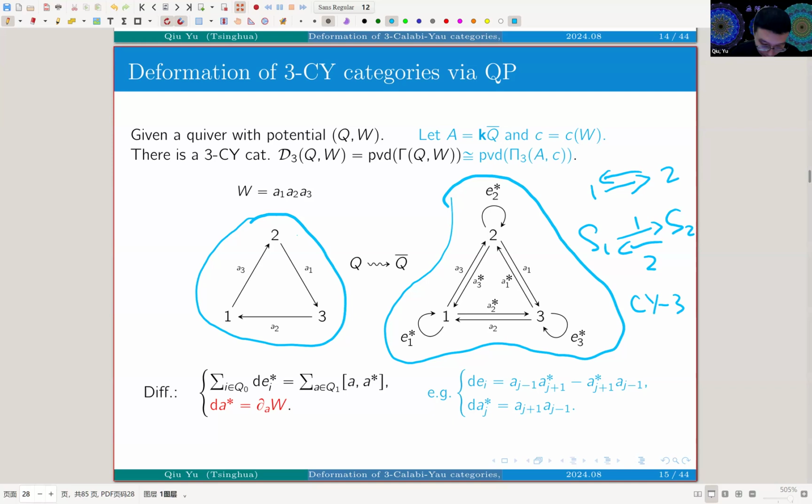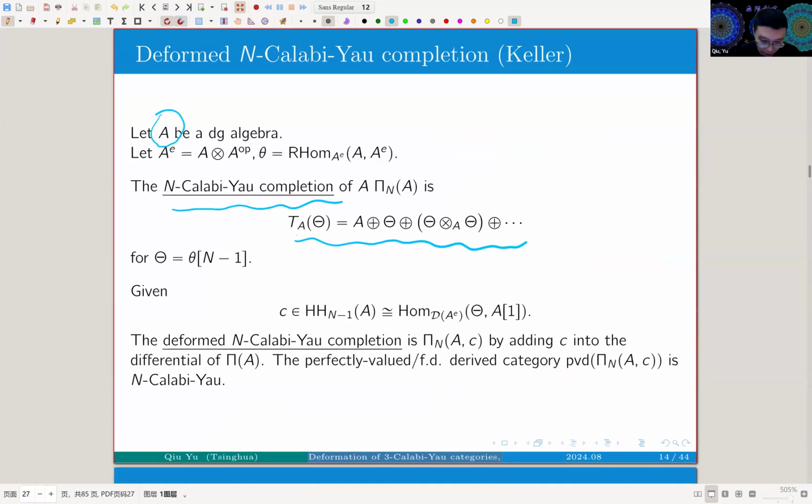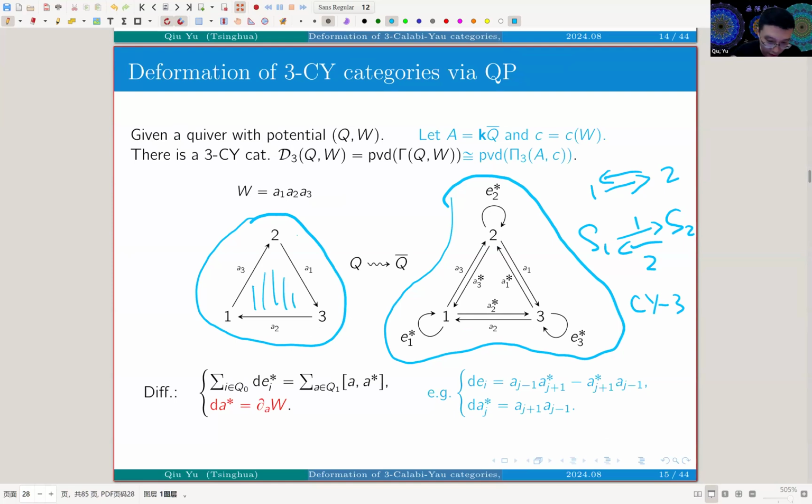Moreover, from cluster theory, we know that you could also have a potential from the data, which is an oriented cycle, or the sum of oriented cycles. Actually, this potential should correspond to some elements in the Hodge homology, but combinatorially, it's just some cycle.